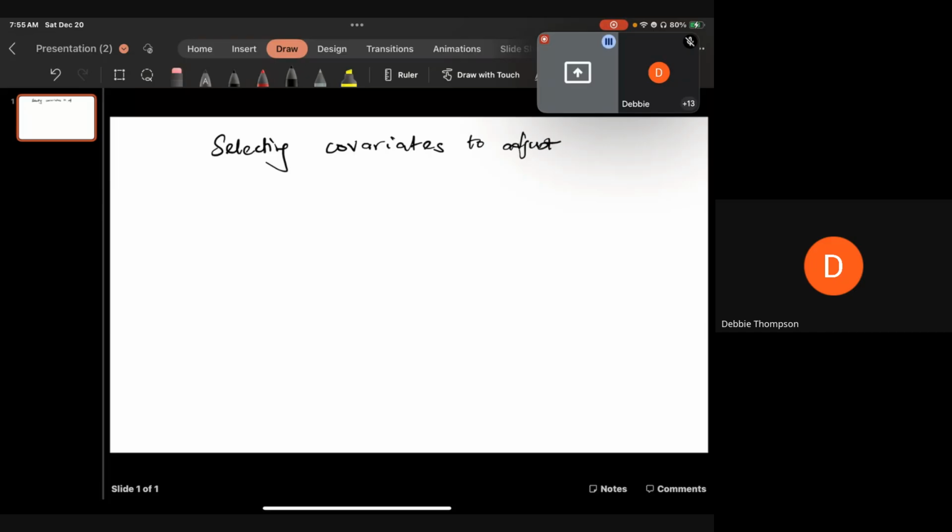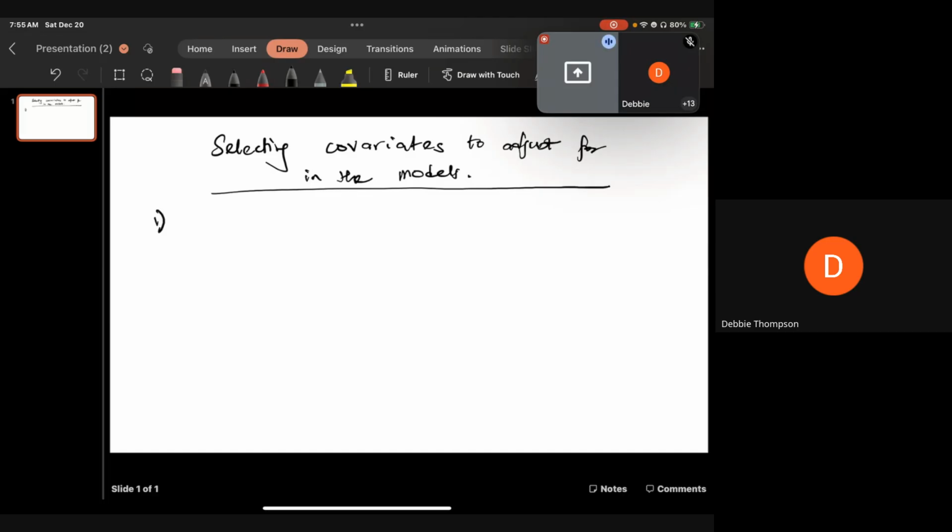This is an important discussion that we have glossed over. We have essentially been assuming that you will include variables to adjust for in multiple regression, and this is what we have been doing throughout this course. There are two ways to make this decision.